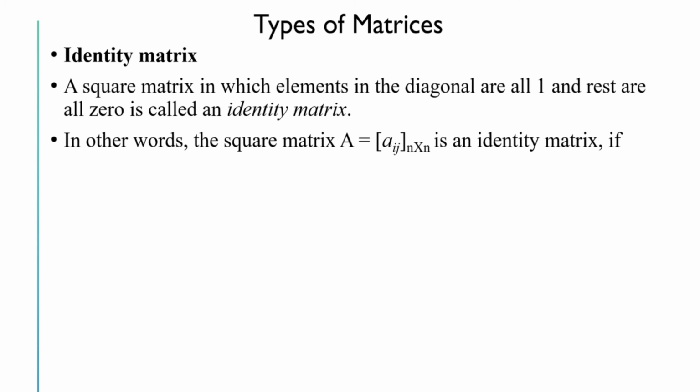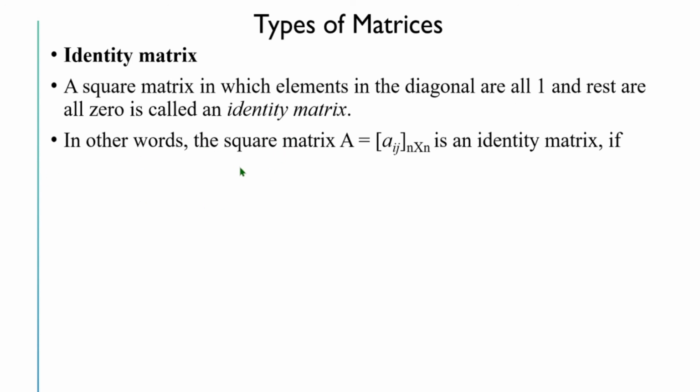Next we will see the identity matrix. A square matrix in which elements in the diagonal are all 1 and rest are all 0 is called an identity matrix. So in the previous case, in the scalar matrix, we saw all the diagonal elements should be equal, whereas in the identity matrix, all the diagonal elements are 1 and the remaining elements are 0.